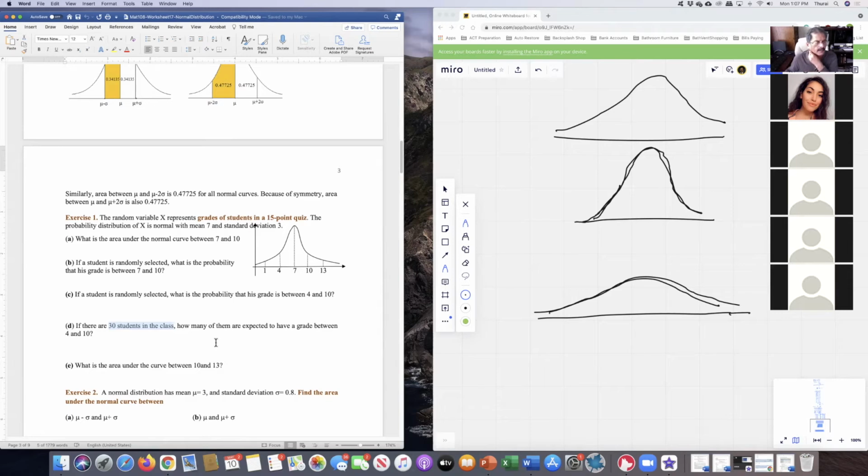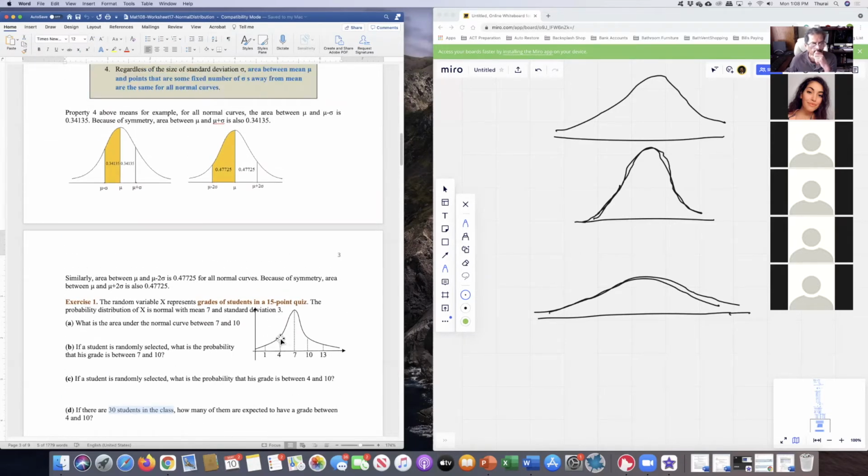Excuse me, Professor. Yeah. So we multiply 0.34135 times 2, and then we multiplied it by 30. Yes. Okay. Also, Professor, will we include the decimals or do we just include the 20?